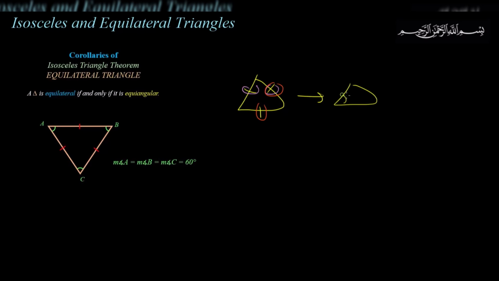In other words, you can apply the isosceles triangle theorem two times, using those two sides, and then also using those two sides. And what you get from there is a triangle that has all angles congruent to each other. So if you apply the isosceles triangle theorem two times to an equilateral triangle, then you get this.